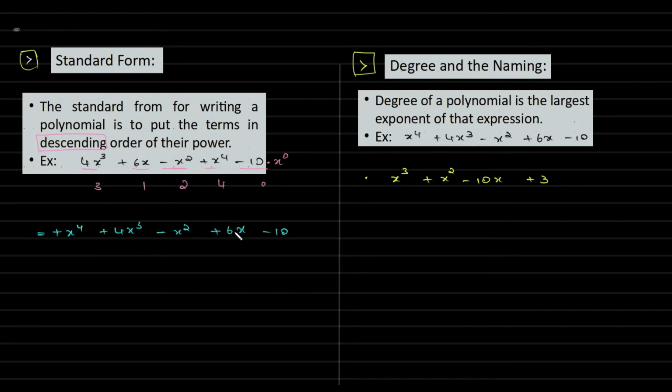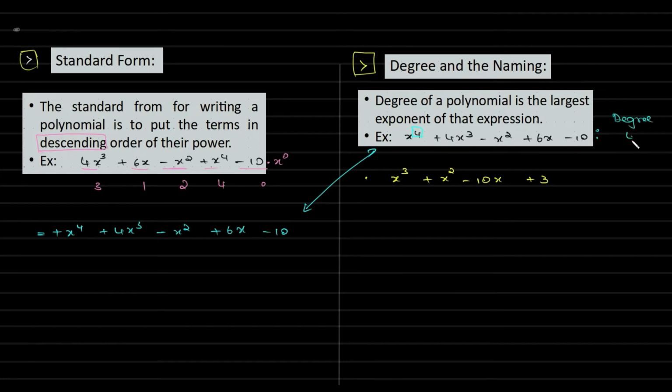Once you put this in the standard form, we get to talk about degree. Degree of a polynomial is the largest exponent of the expression. Once you arrange in descending order, in this case, the same example, the degree of this polynomial is 4, the highest power.